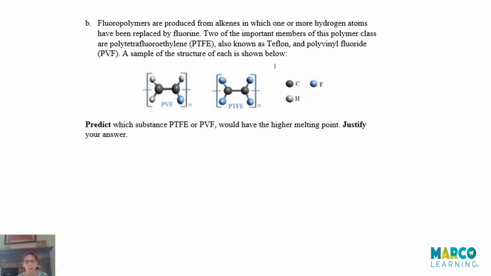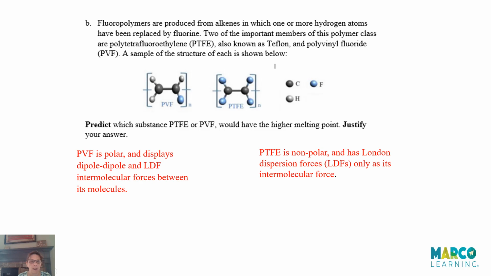Okay, we're talking about melting points. That means we know that we've got to start thinking in terms of intermolecular forces. So we see that these are both repeated structures. And if we look at the PVF, I can see that that thing is going to have one fluorine that's replaced a hydrogen here, and the rest of the hydrogens have not been replaced. So I can see that that's a polar molecule.